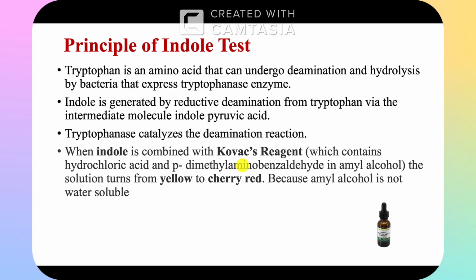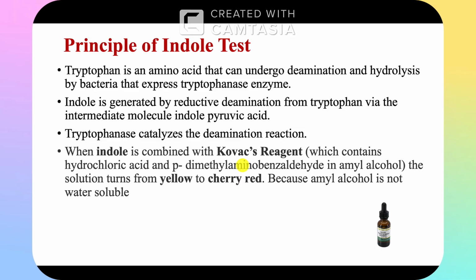When indole is combined with Kovacs reagent, which contains hydrochloric acid and other chemicals, the solution turns from yellow to cherry red, because amyl alcohol is not water soluble.